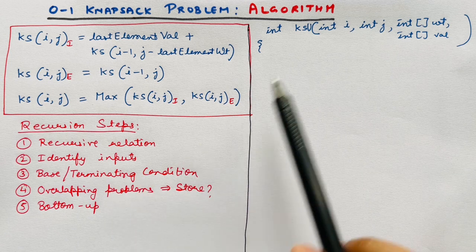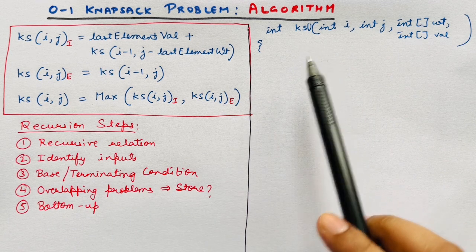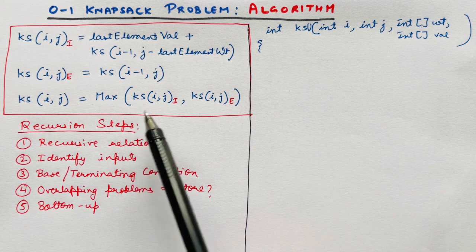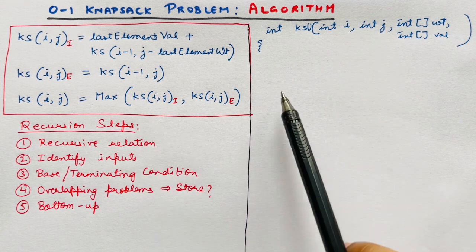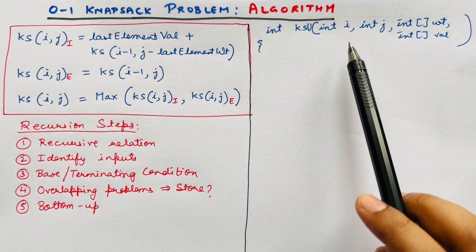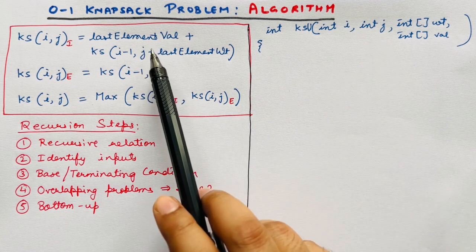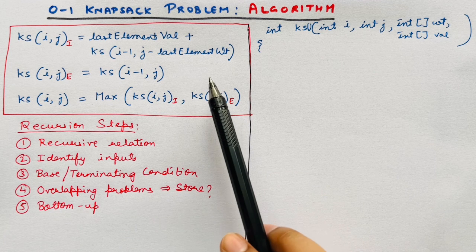We have also already identified the inputs to the recursive relation. These inputs will go into our recursive method, knapsackUtil. In this method, as per the recursive relation, i and j are the inputs. i denotes the first i items that are being considered. j denotes the capacity that is being considered. But we can see we will also need the last element's value and the last element's weight.